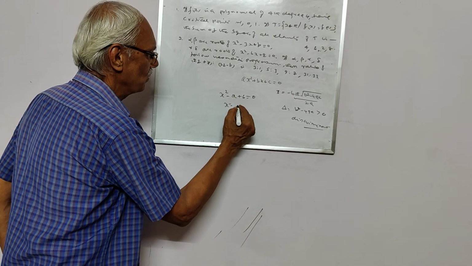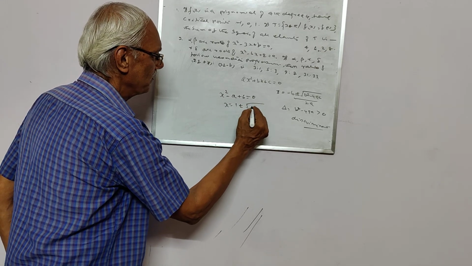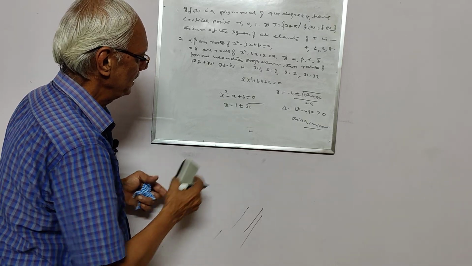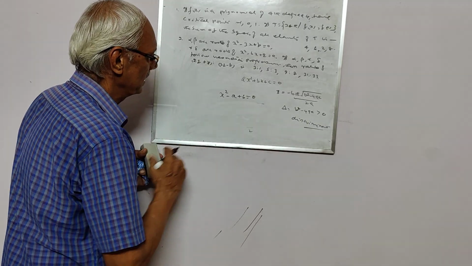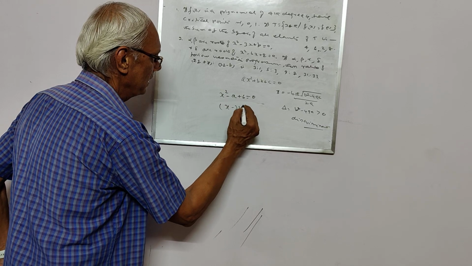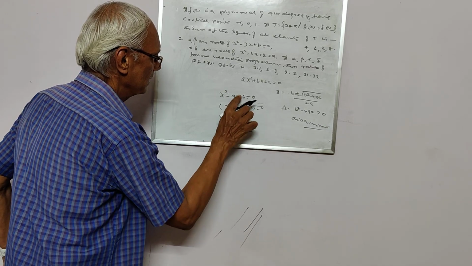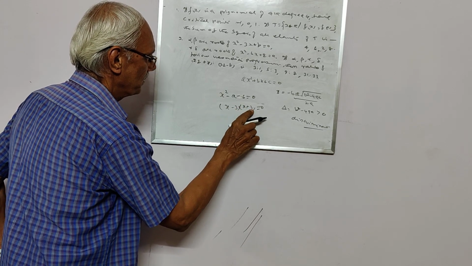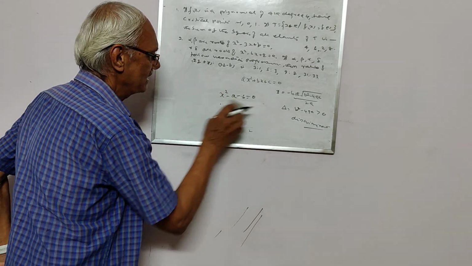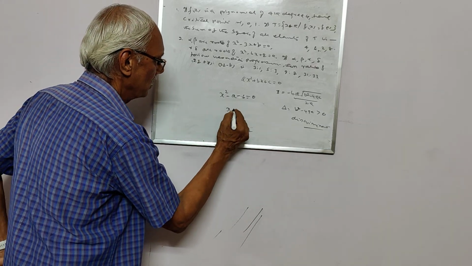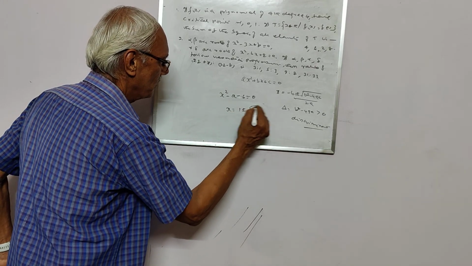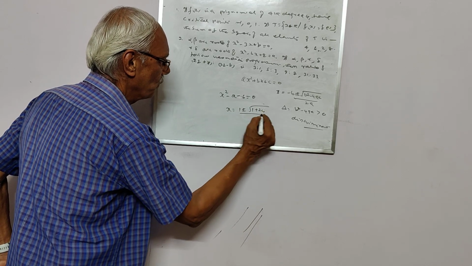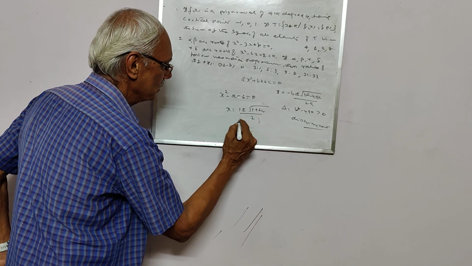So x is equal to minus b plus or minus the square root of b squared, which is 1, minus 4ac, which is plus 24, divided by 2, that is equal to how much?